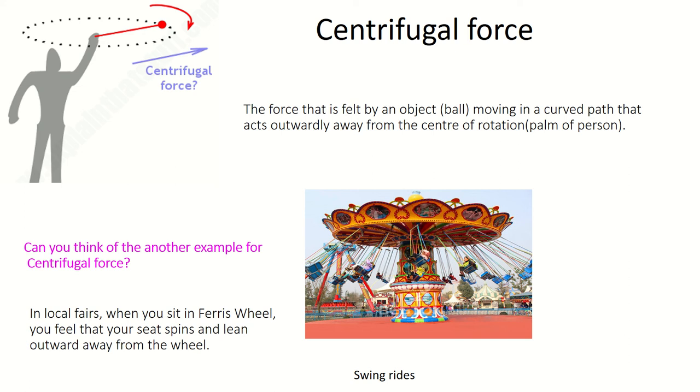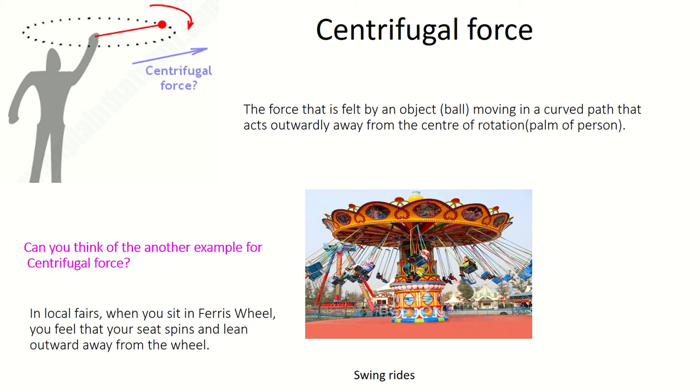So in this ride, what happens? It moves in a curved path. Curved path means it is a circular path. So what happens when it starts moving? You will see that your seat, which was straight, will now tilt, and it will try to move away from the wheel.